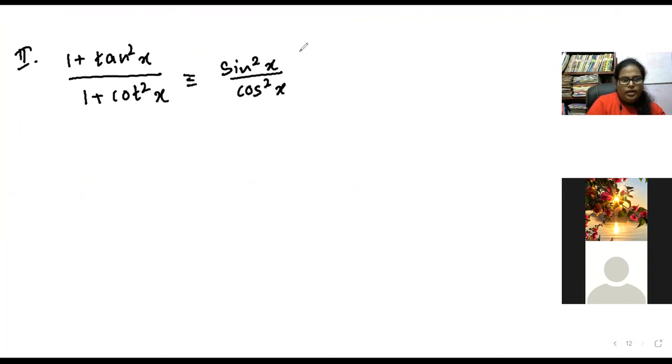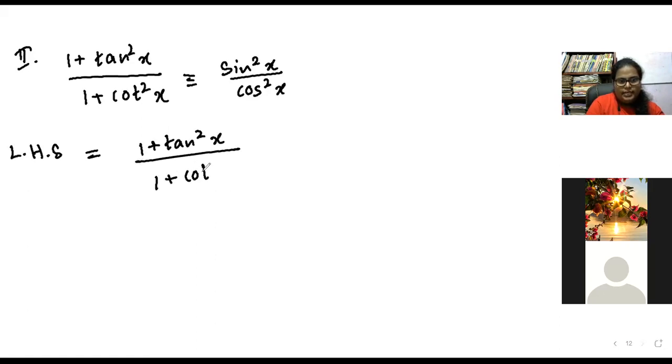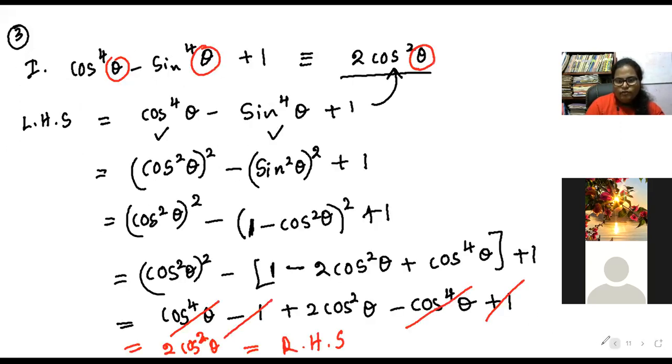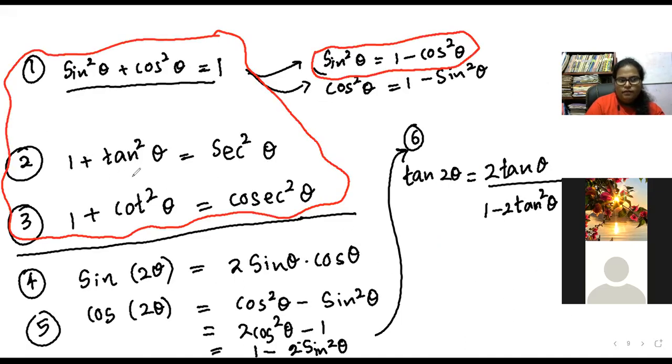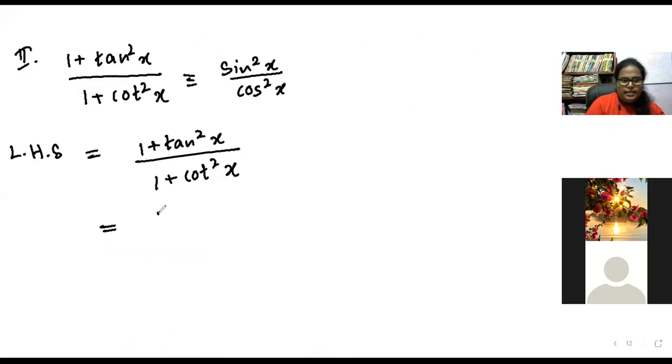I'm taking the left hand side, (1 plus tan square x) divided by (1 plus cot square x). You know that for 1 plus tan square x, we have a formula, the second formula. So we can replace this by sec square x. And here, 1 plus cot square x, you can write as cosec square x as well, right?